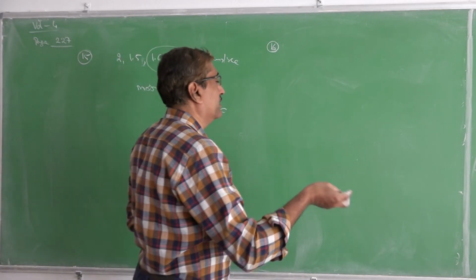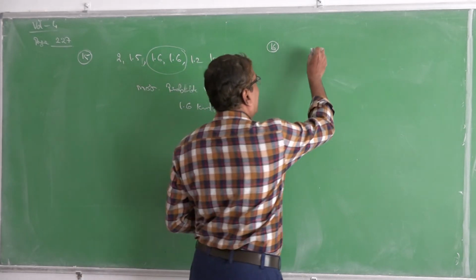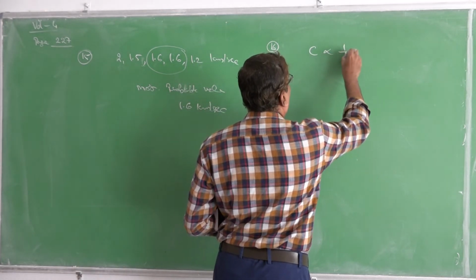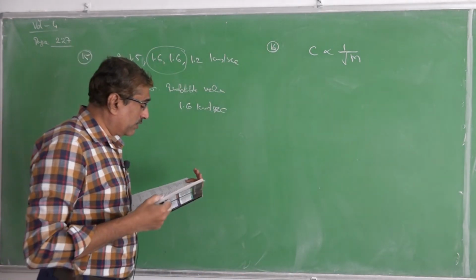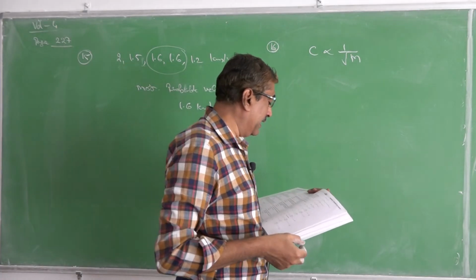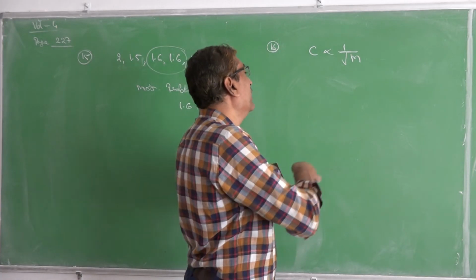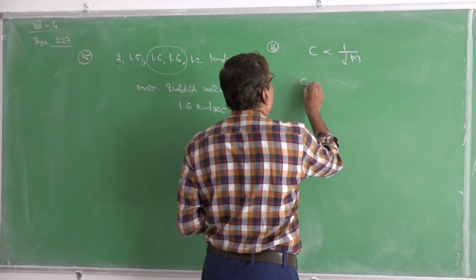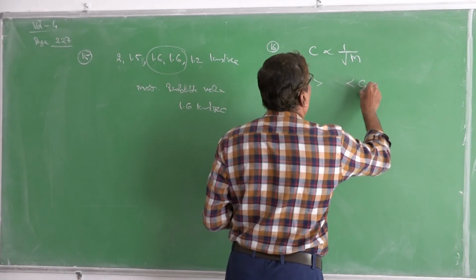Okay, whether average velocity or RMS velocity, it is proportional to 1 by root m. Here we have to calculate the relation between the average velocity of the helium to atomic hydrogen. Given C1, that means CH, average velocity of hydrogen, and average velocity of helium.